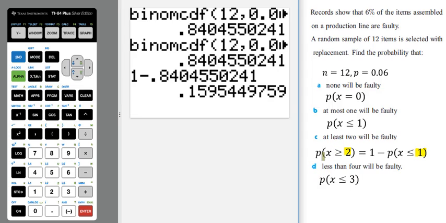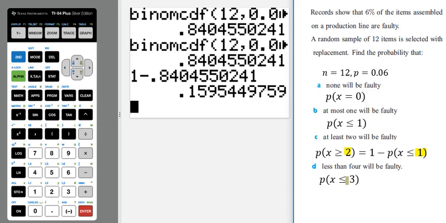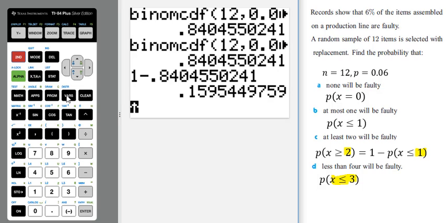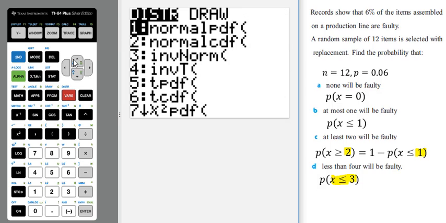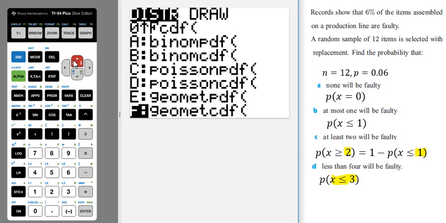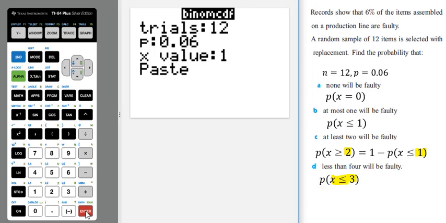For D, less than 4 will be faulty. Less than 4 means x less than or equal to 3. Therefore, we go to distribution. Then enter.